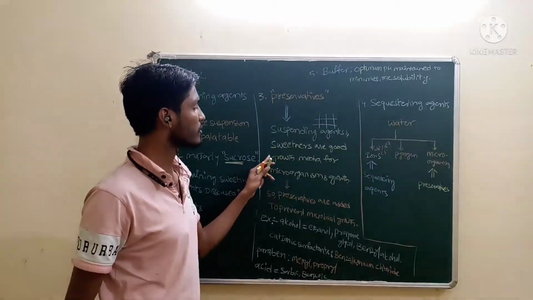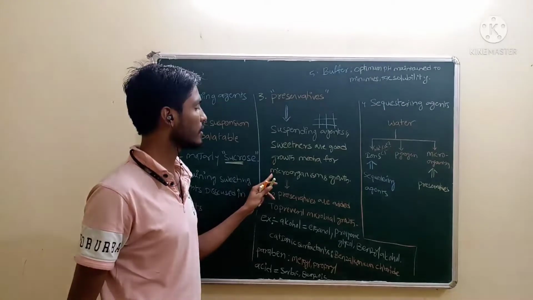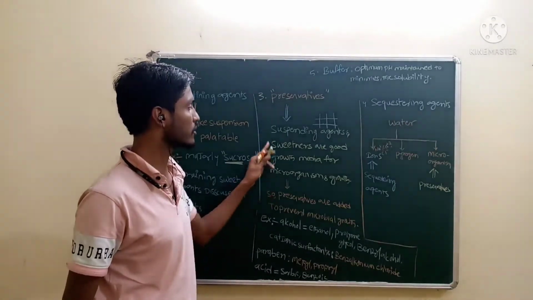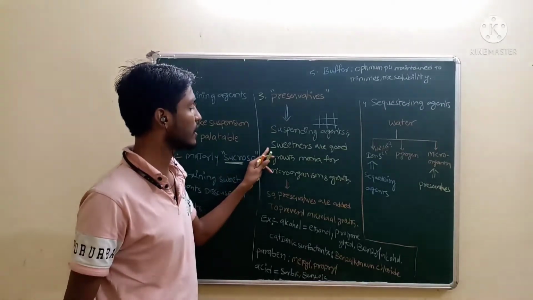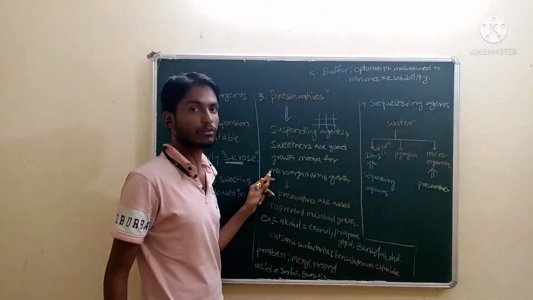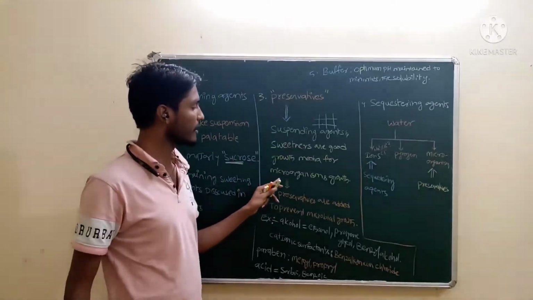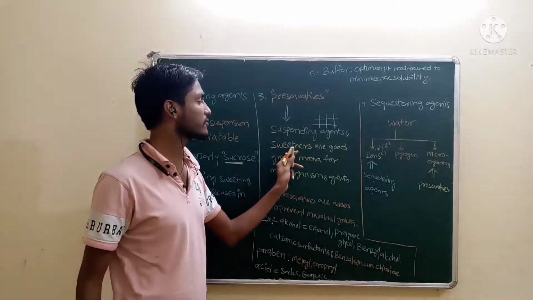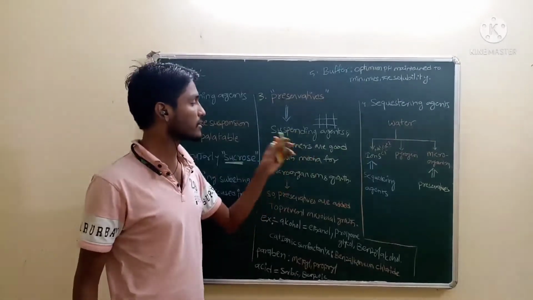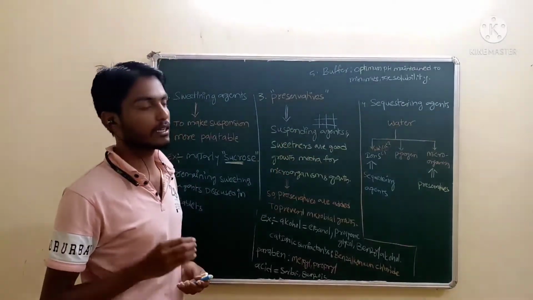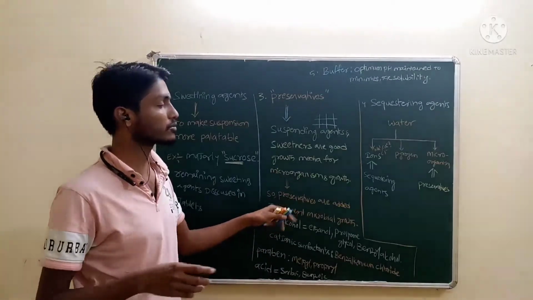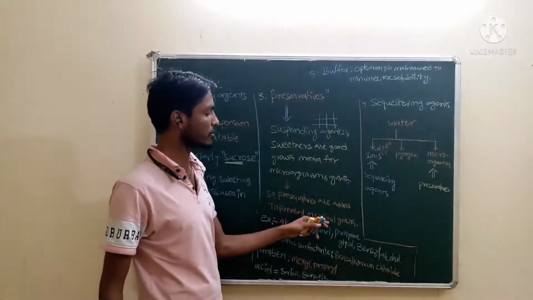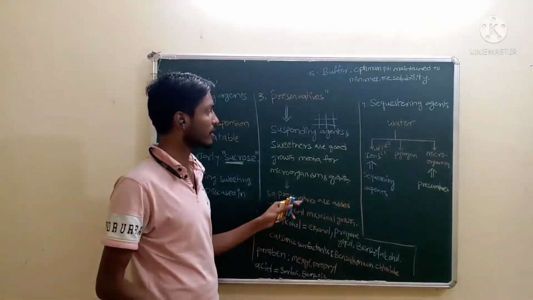Both of these are responsible for the proper growth media for microorganisms. They support microorganism growth. However, we cannot remove the suspending agents and sweeteners from the suspension. So hence we are giving preservatives, the agents which inhibit the growth of microorganisms, to prevent microbial growth.